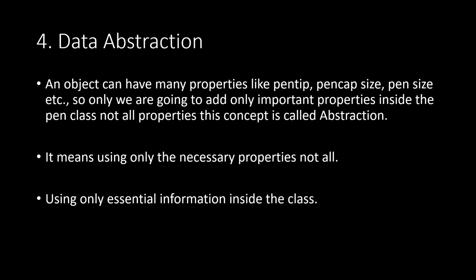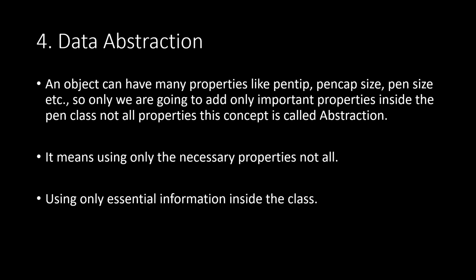For example, if you take a chair or a table, it has different types of properties, right? Table length, table width, table height, table breadth. So like this we have different properties, but we are not going to use all the properties inside the class. We are going to use the important properties of a class.